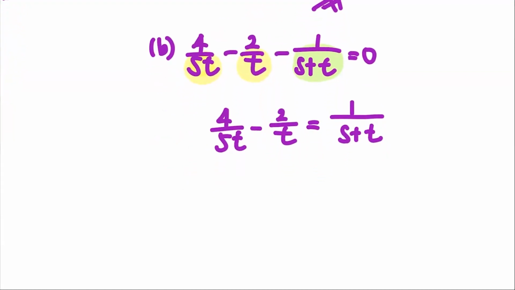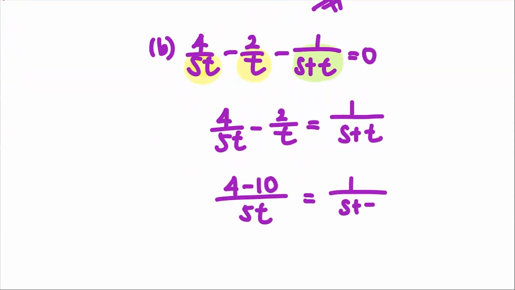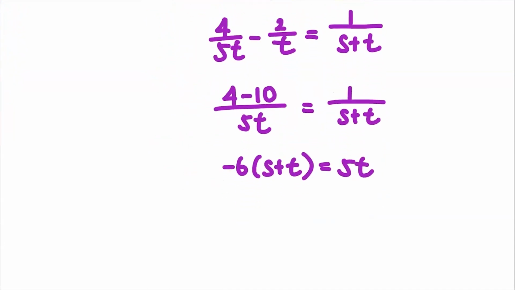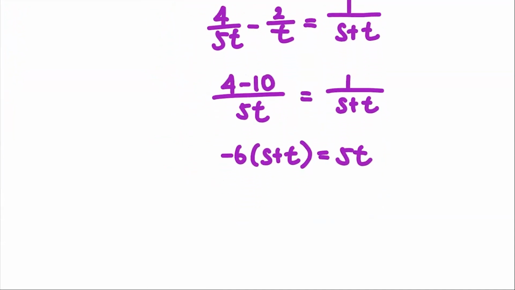Make a common denominator, and we get 4 minus 10 over 5t equals 1 over s plus t. Cross multiply, and we get negative 6 times s plus t equals 5t. Now expand and simplify.